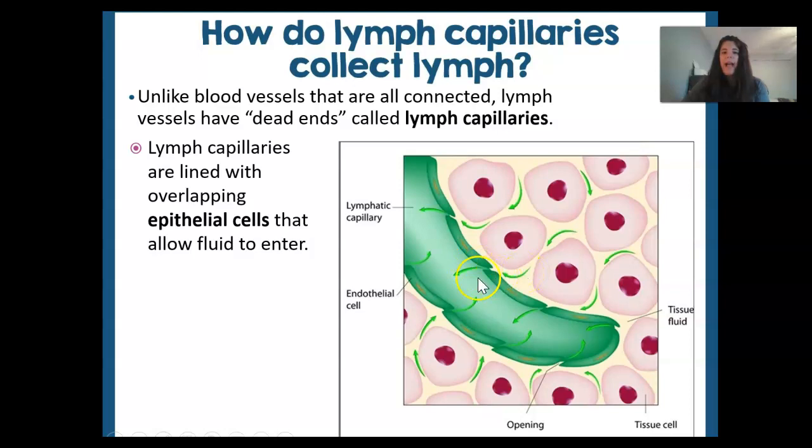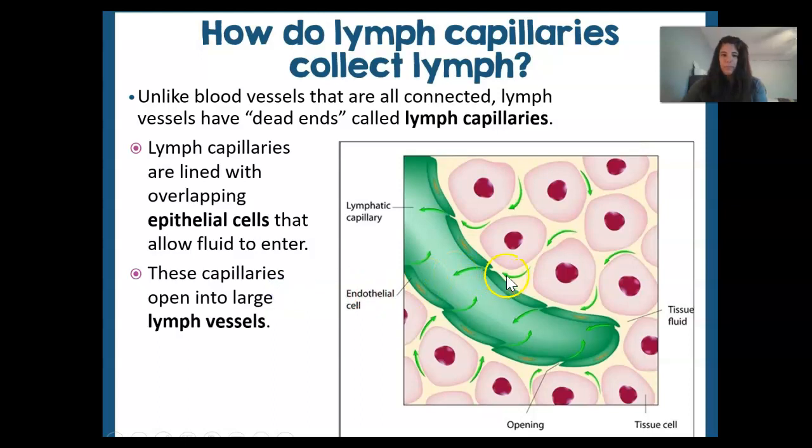This is what allows fluid to enter into the lymph capillaries. These capillaries then continue, and just like with blood vessels, they merge together to form larger vessels, which we refer to as lymph vessels.